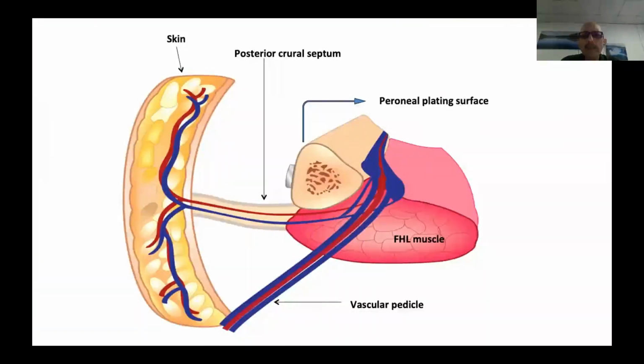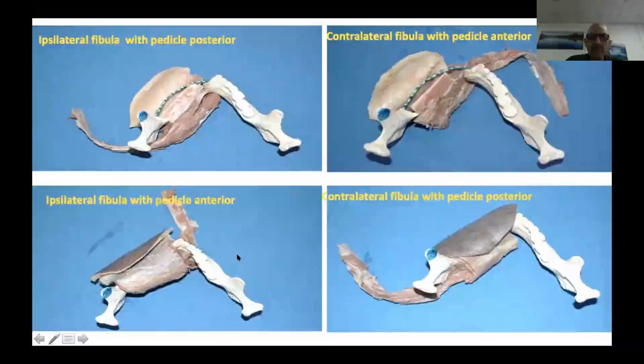So this is a typical graphic diagram of a fibula in which this is the plating surface on the peroneal aspect. If you take the fibula, the FHL comes on the inner aspect and the skin paddle with the septum is going on the outer aspect. We'll see the dynamics. We did a study in which we took both sides' fibulas and kept them with the vascular pedicle ipsilateral posterior as well as anterior.